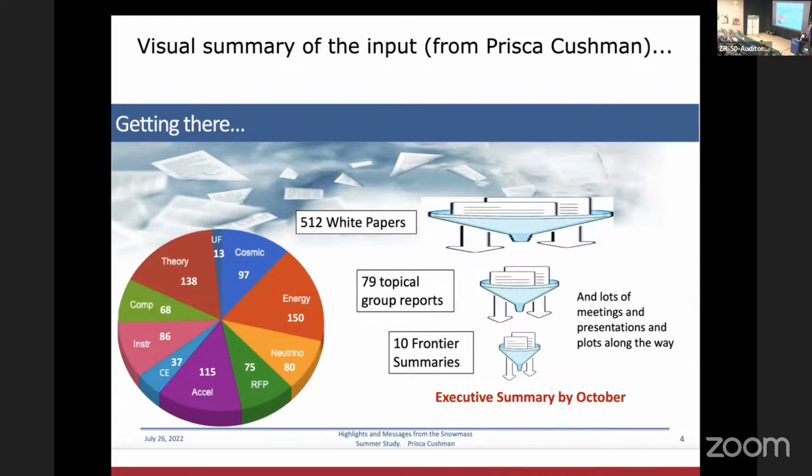So the cosmic frontier was well represented in this process. There were more than 500 white papers within the Snowmass process, more than 1,000 letters of interest, 79 different topical group reports, I'll talk about just a few of those, and 10 frontier summaries, with the cosmic frontier summary being an example.